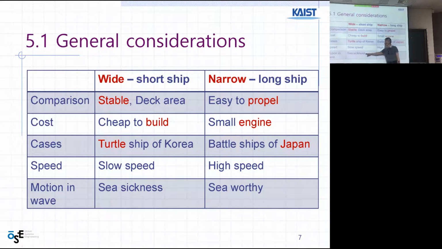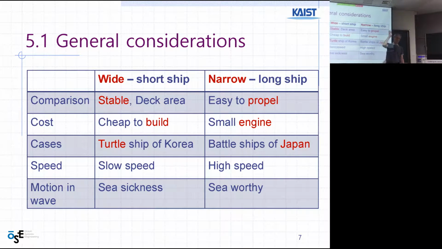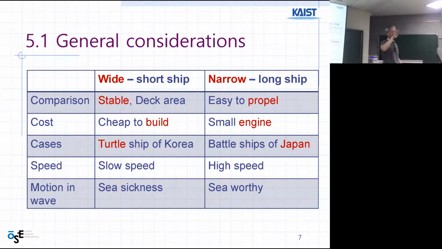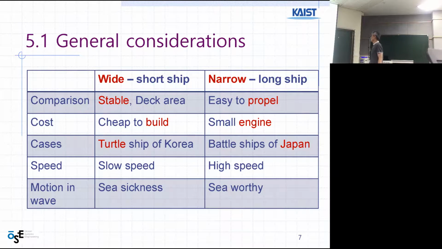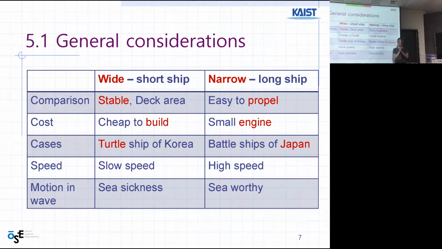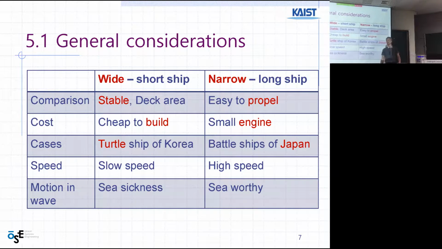And if it goes into a rough sea, it is not good. Seasickness means the ship is pitching. And this one is good because it's sharp, so it can pierce the waves. So it looks like this ship is better, right? High speed and good seaworthiness.